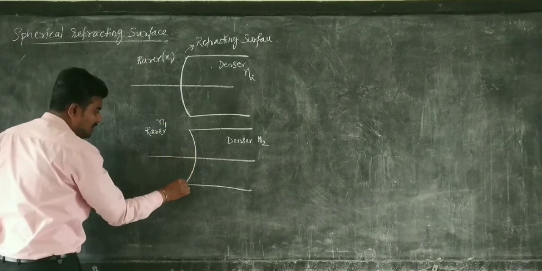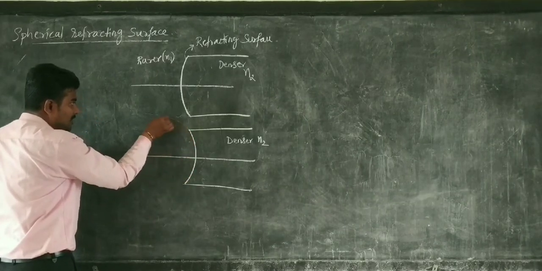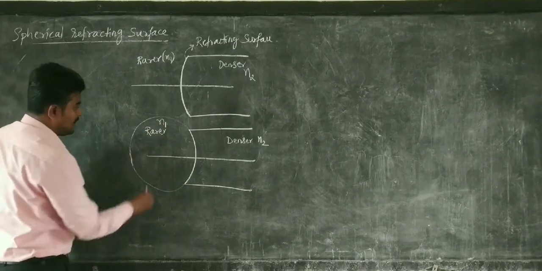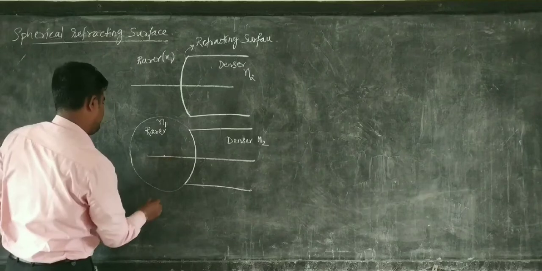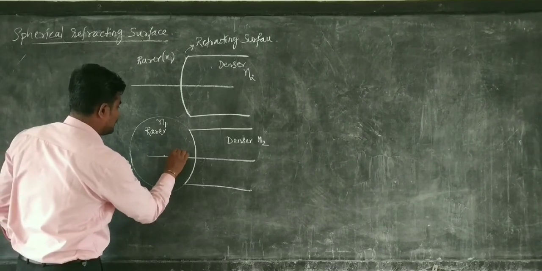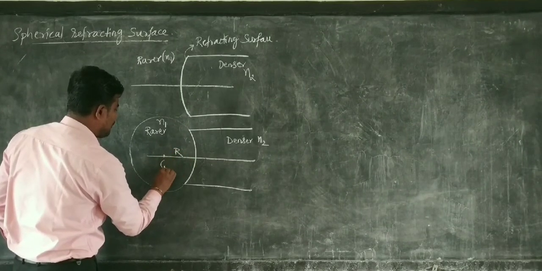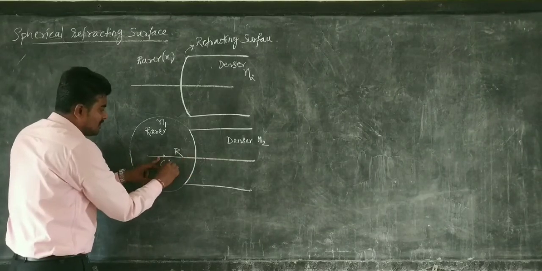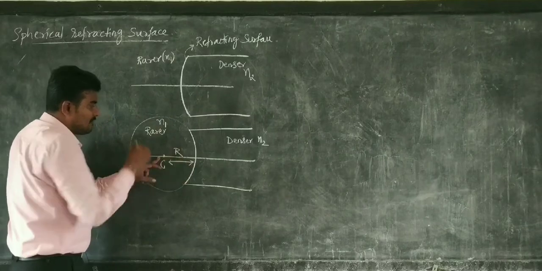Initially it was a sphere like this, and this was the radius, and this is the center of curvature. The distance from the center of curvature to this point we take as the radius of curvature.